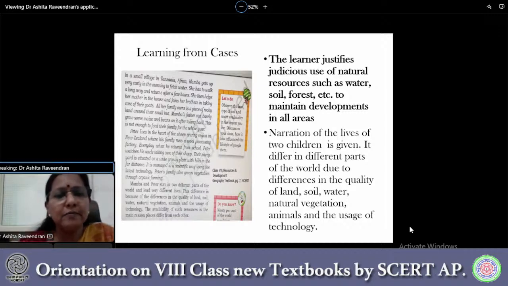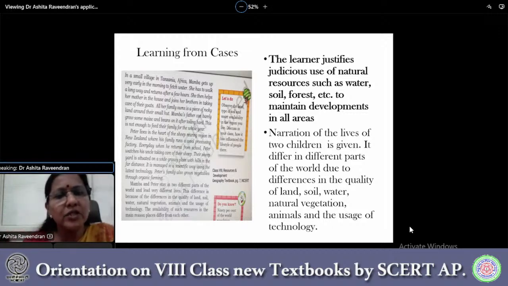Now there are various cases being given. With respect to the judicious use of natural resources, the textbook, from the geography textbook, gives the reference of two persons.